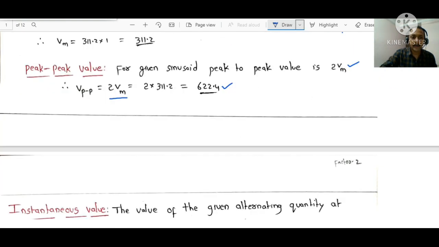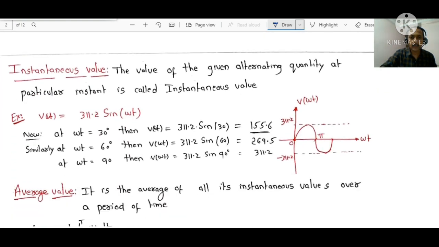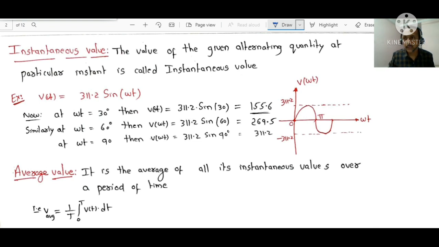Right? Next one is the instantaneous value. At some particular instant of time, if we want the magnitude, then that value represents the instantaneous value. For example, in the given mathematical form, V of t equals 311.2 sine of omega t, if I want the value exactly at 30 degrees, simply substitute omega t equal to 30.